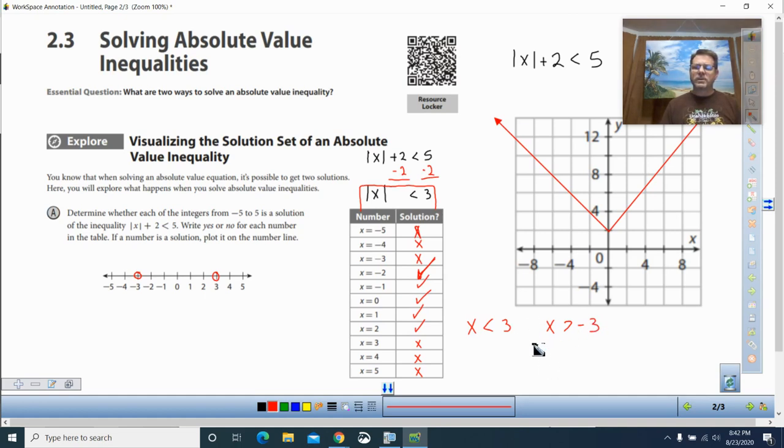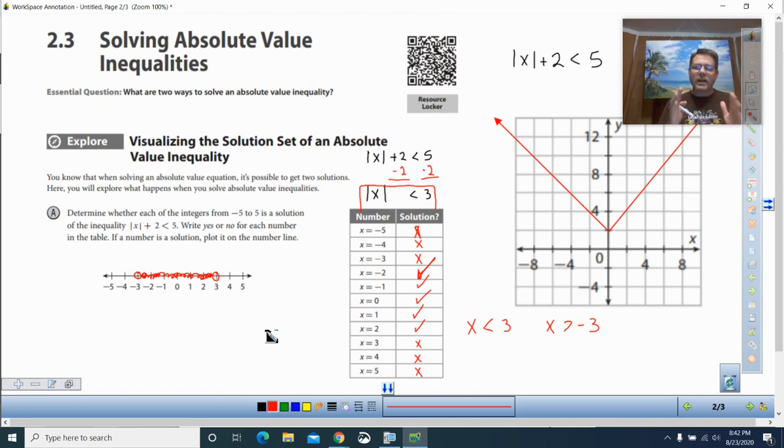Now, where did all these things go? We're going to shade in the middle here. So all of this stuff in here would be a solution, as long as it's bigger than negative 3 and smaller than positive 3.